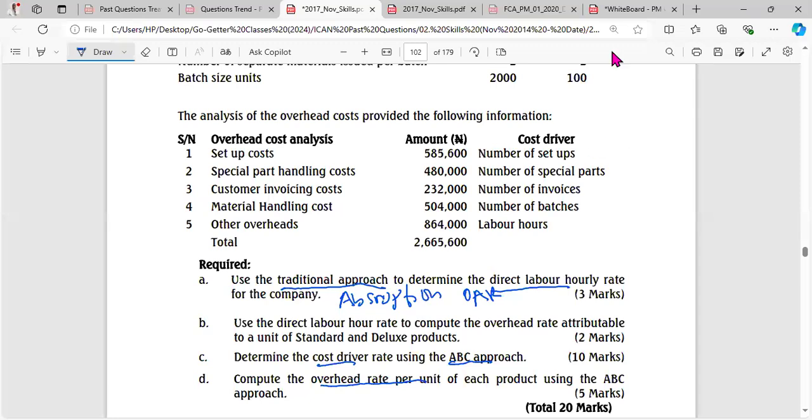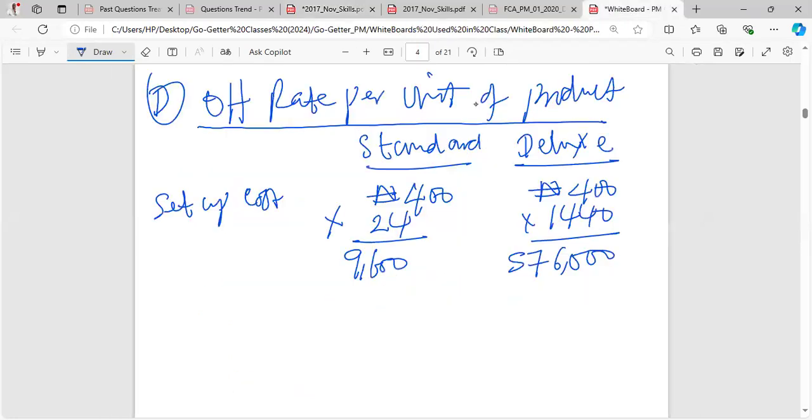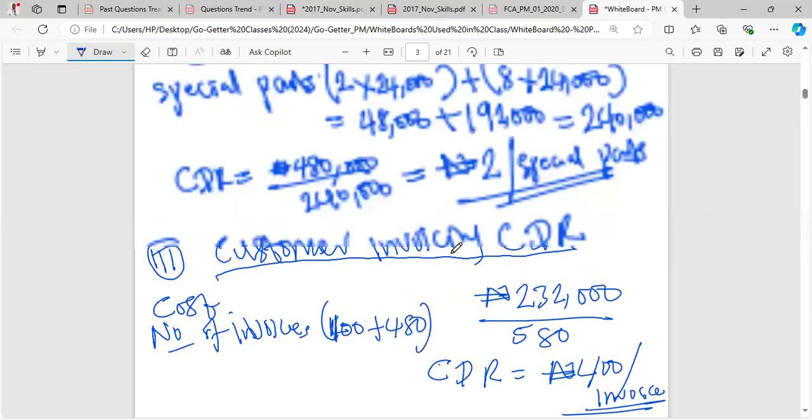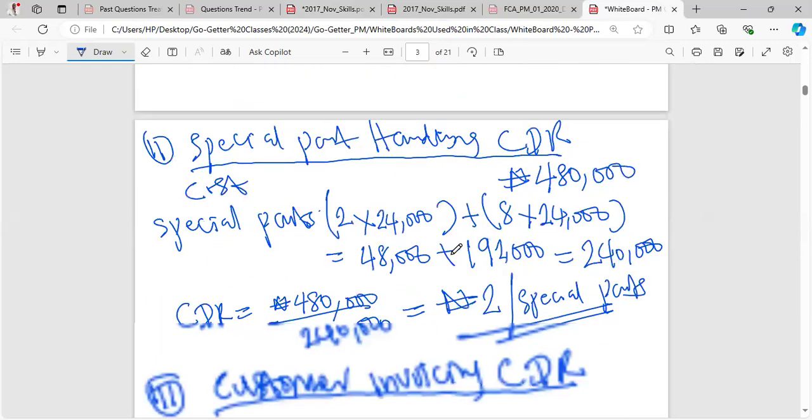All right. Then the next one is special part handling costs. I'll double underline this, showing that I've solved that. What is the cost driver rate for special parts? We have it as 2.